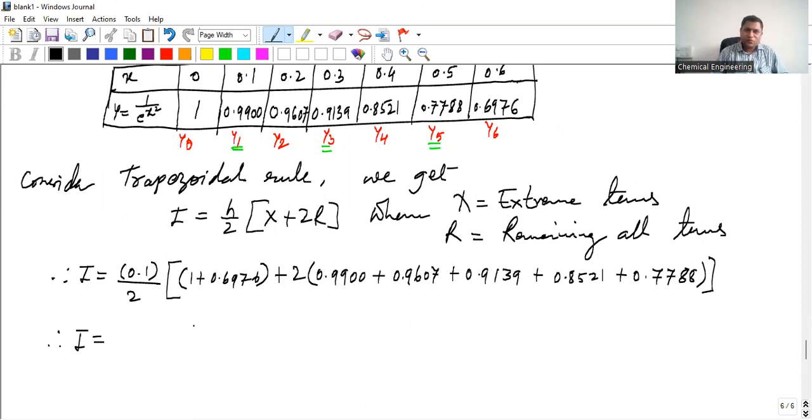We get I equal to 0.53445. What about the others? I'm getting 1.883.